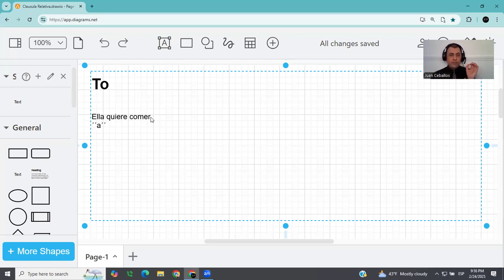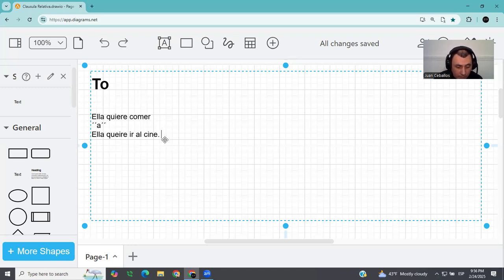So when "to" in English is used with verbs of movement, she wants to go to. To go is a verb of movement. To indicate movement from one place to another, or could be also an action to another, but in this case, some kind of movement, then you translate this as a. Example, if I want to say she wants to go to the movies, it will be in Spanish, ella quiere ir al cine. Ella quiere ir al cine.